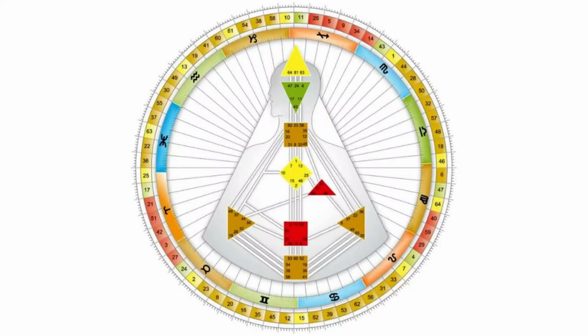Gate 21 is the archetype of authority, the instinct to manage, direct, and secure resources for the tribe's survival. As part of the tribal circuit, it ensures order through responsible leadership and protection of communal assets. This gate governs how energy, money, and effort are allocated to sustain the group.